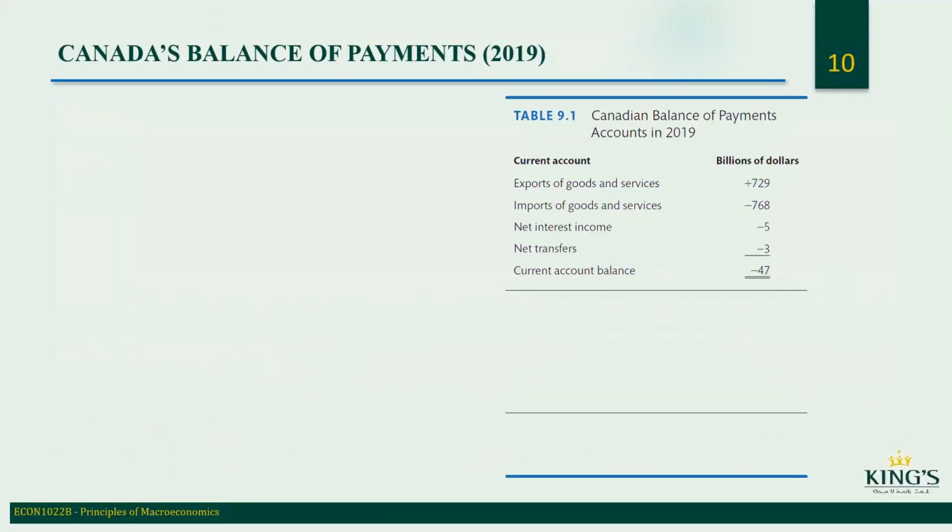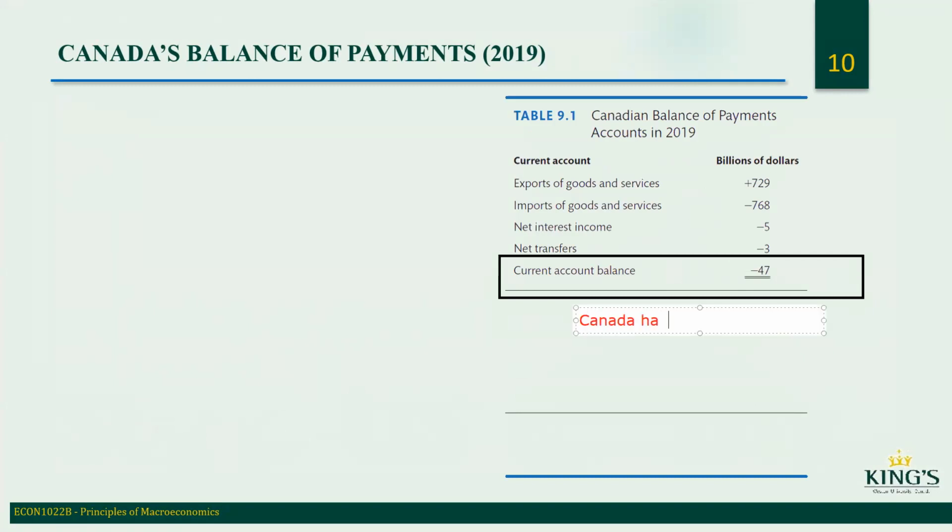The current account balance for Canada in 2019 was negative 47 billion. So in this case, Canada had to borrow money to pay this off or use its reserves.